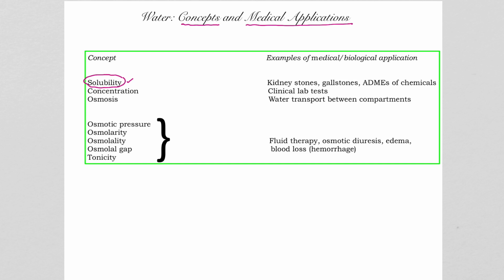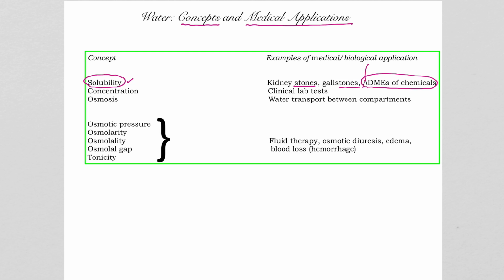This is very important because there are several medical applications of this, including the variety of stones that can form in human beings, kidney stones, gallstones, and so on, and the life story of chemicals in your body. What does the chemical do in your body? How is the chemical absorbed into your body?